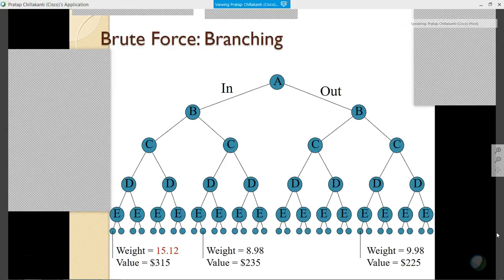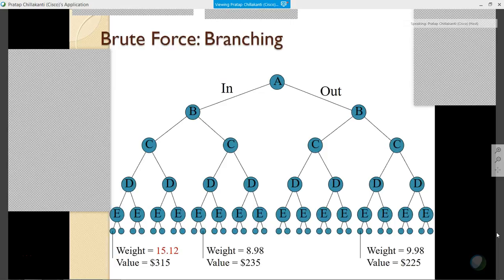You get it? Now, when the B is in or B is out, then you get to C. Next level. C is in or C is out. Then you go to the C level. Then you say D is in or D is out. Then we go to D level, E is in or E is out.